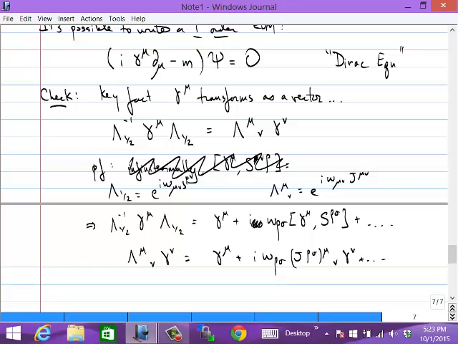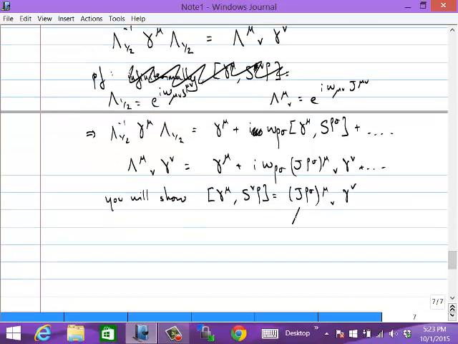And so infinitesimally, to show this, which you will do on your problem set, you just need to compute the commutator of these and show that it's given by this 4x4 matrix.